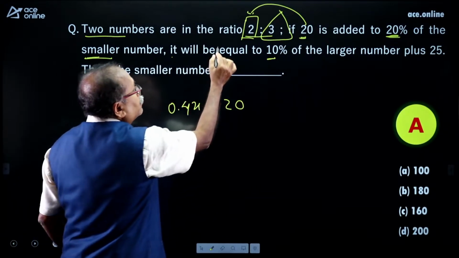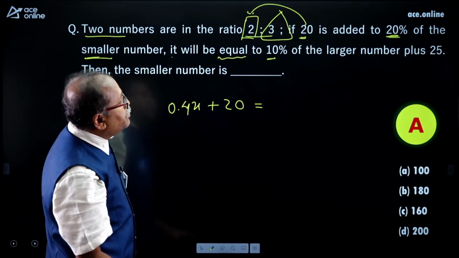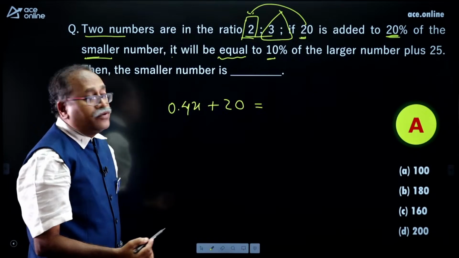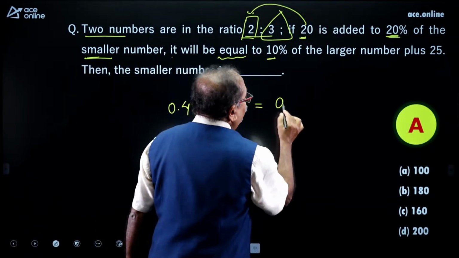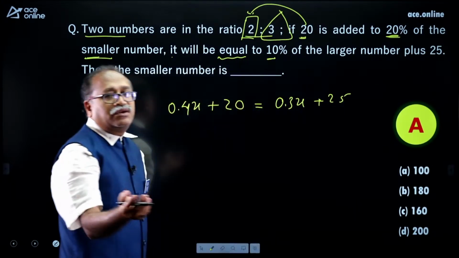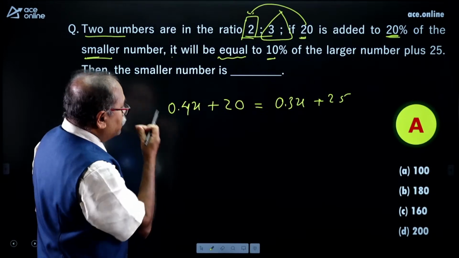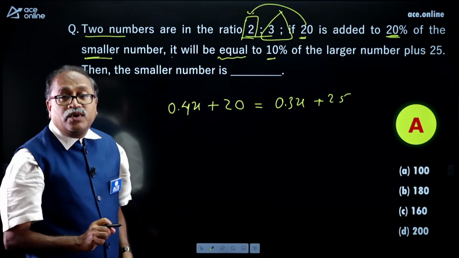This is equal to 10% of the larger number plus 25. What is 10% of 3x? That's 0.3x plus 25. This equation is given to us. Solve and get the x value. You will be getting the answer over here. I need to find out the smaller number, that is 2x.